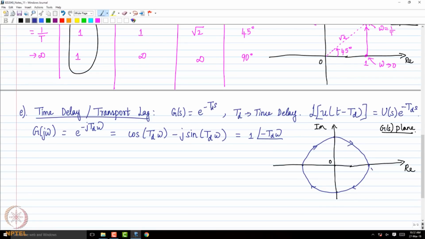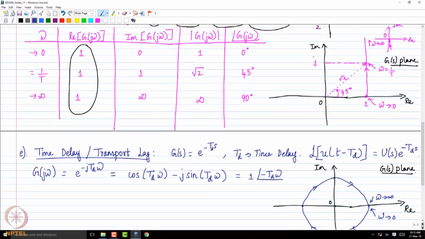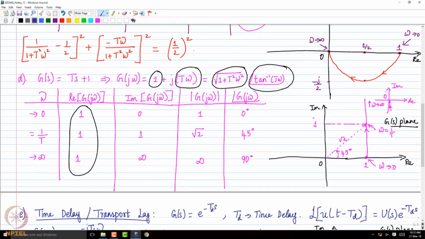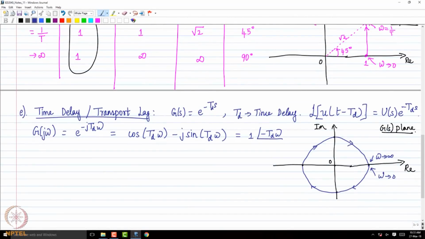That's this one. This is omega tending to 0. As omega tends to infinity, once again I am going to come back to the same point. This is the Nyquist plot of this transport lag. Now, on top of this, let me superimpose the Nyquist plot of the first order factor. So, let us consider the first order factor.